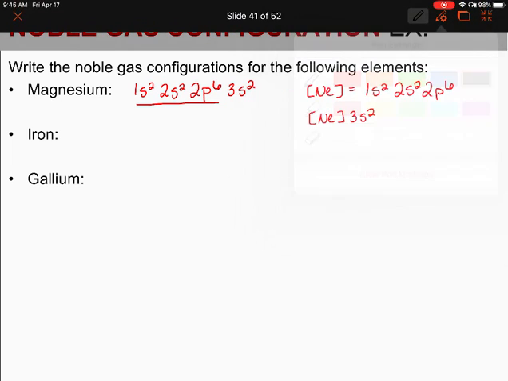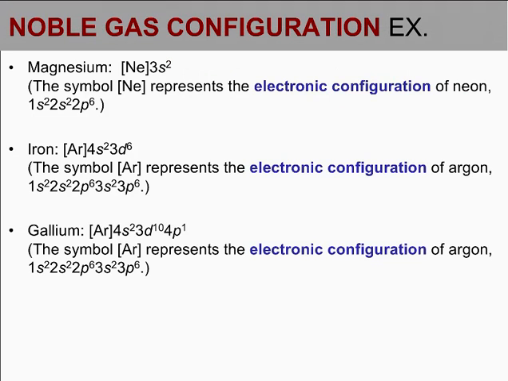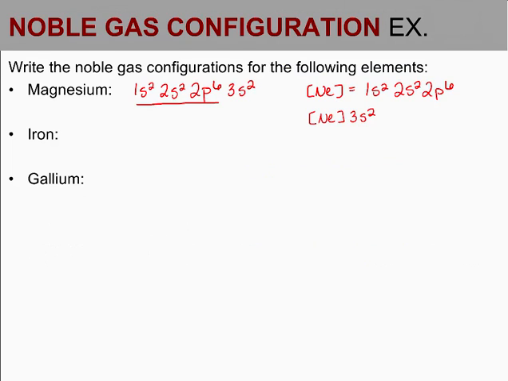And then I'll use a different color for the next element, which is iron. Oh, giving away the answer again. So remember that iron's electron configuration was 1s2, 2s2, 2p6, 3s2, 3p6, 4s2, 3d6. So that takes forever to write out. Instead of writing all of that out, let's find the noble gas that comes right before iron.